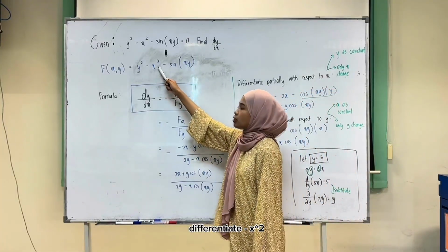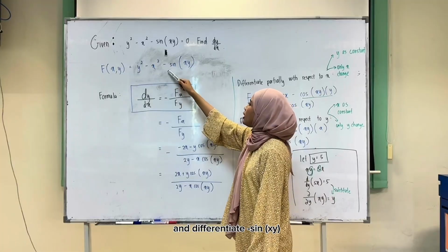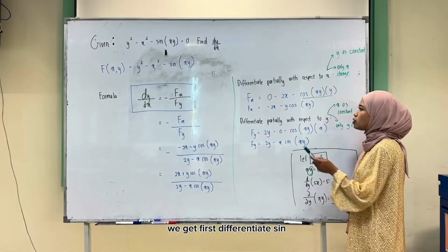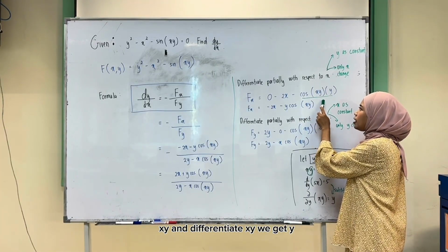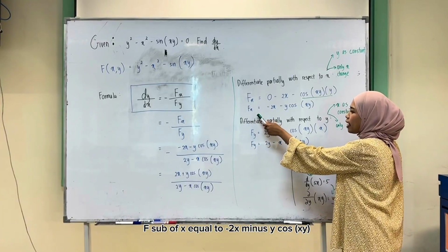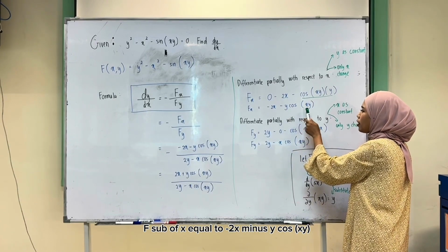Differentiate negative x squared, we get negative 2x. And differentiate negative sin of xy, first differentiate sin, we get cos, and then write it back in brackets, xy, and differentiate xy, we get y. And then we rearrange: f sub x equal to negative 2x minus y cos of xy.